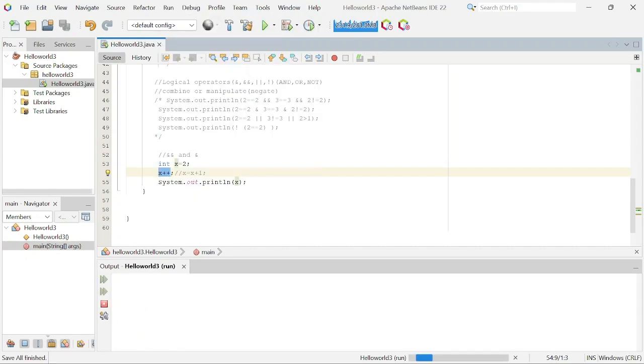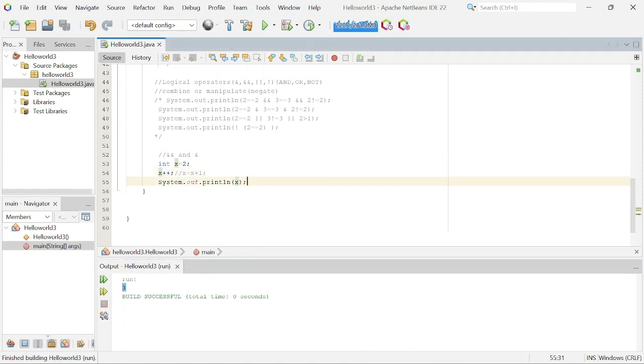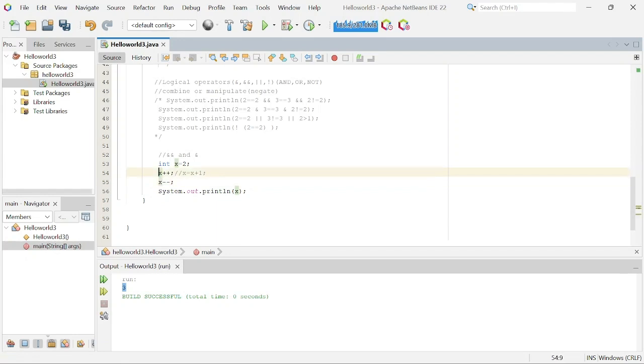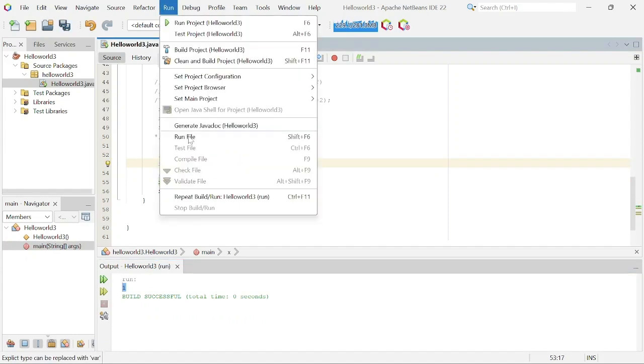So if you run it, you'll get 3. And not only can you plus like that, you can even minus. So if you minus, you are decrementing the value by 1. So you'll get 1 because 2 minus 1 is 1. If it was 10, then you'll get 9.